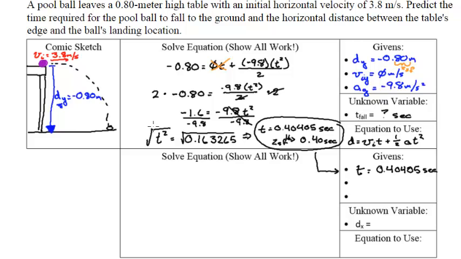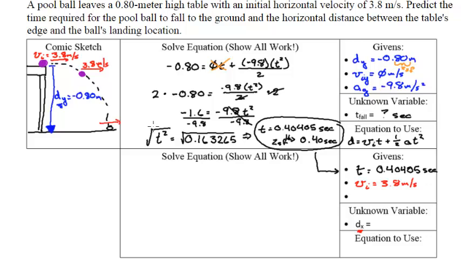What else do I know about in the x-axis and only the x? You will see that we are working in the x-axis now. I do know a velocity initial is 3.8 meters per second. But in reality, do I know what the pool ball's velocity is right here as well? It is 3.8 meters per second.